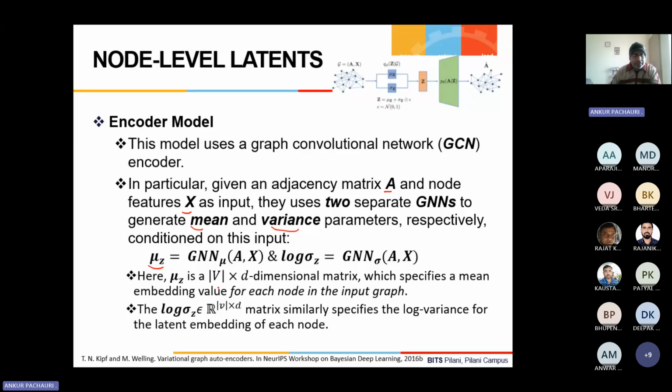So mu z is a mod V cross D dimensional matrix. It specifies the mean embedding for each node, and log sigma z will be a set of real numbers of the order V cross D matrix. Similarly, it specifies the log variance for the latent embedding.